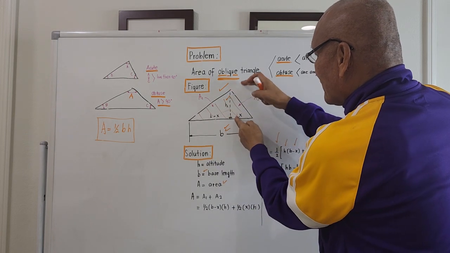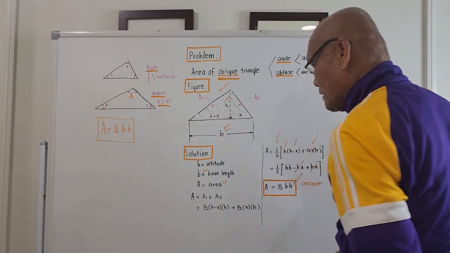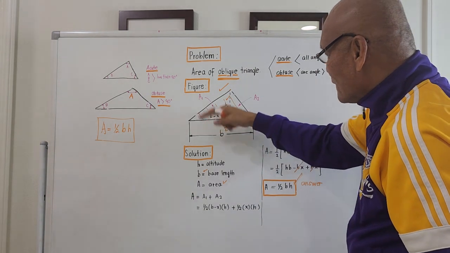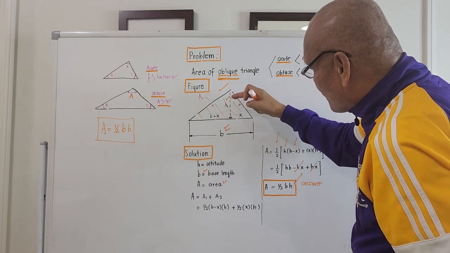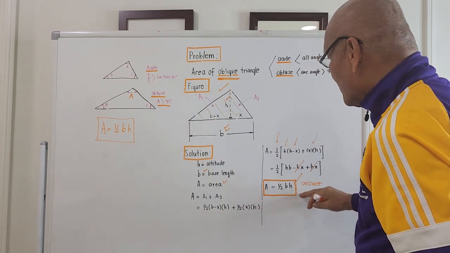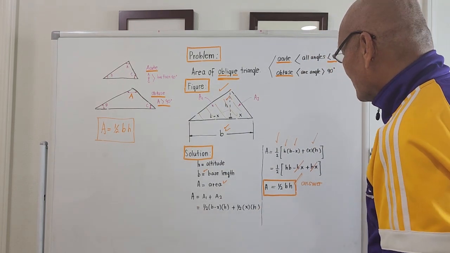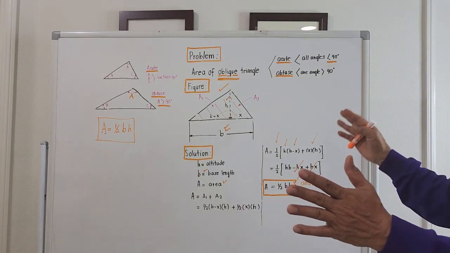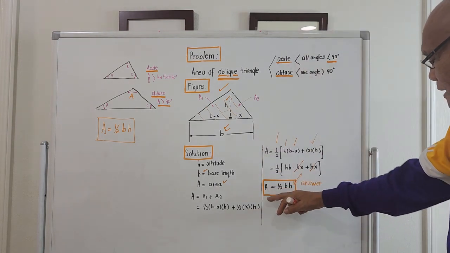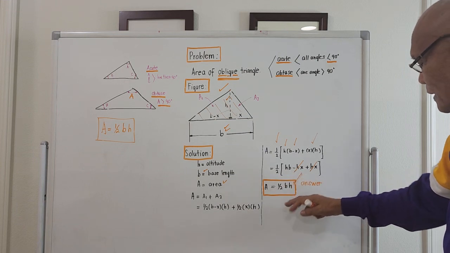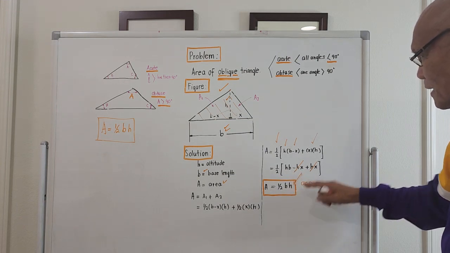So whatever value the given problem has, try to compute the value of h to compute for the area. Okay, that's it. So for an oblique triangle, the area will still be the product of 1/2 times the total length of the base times height.